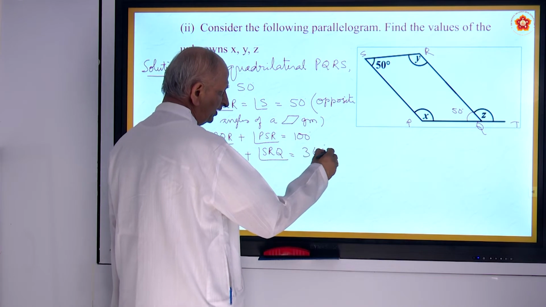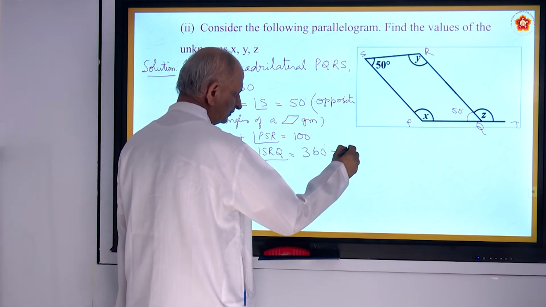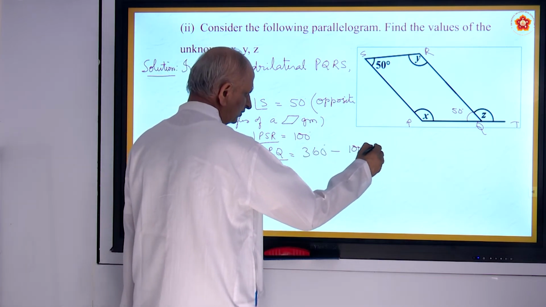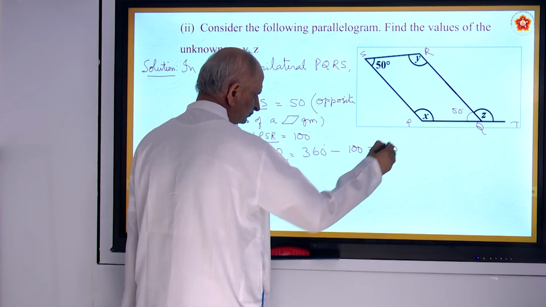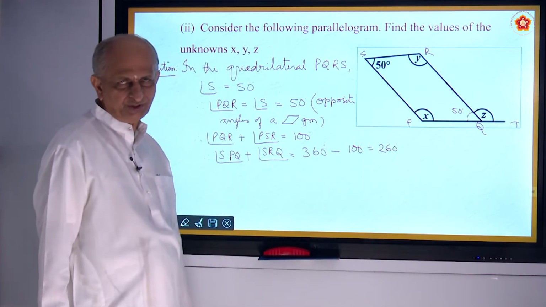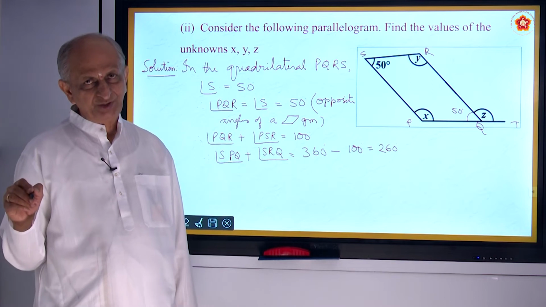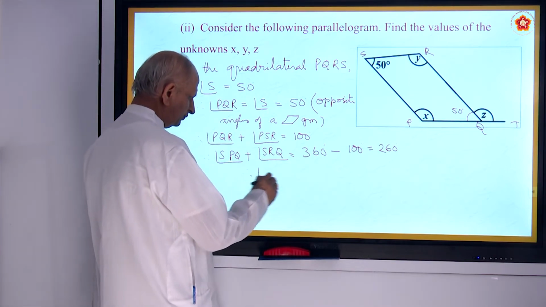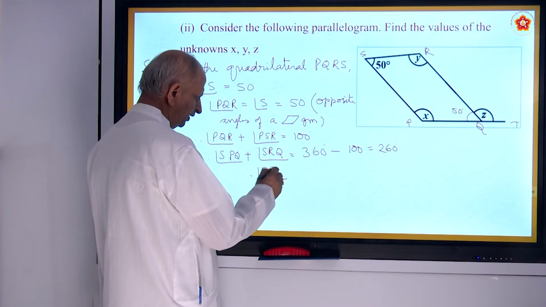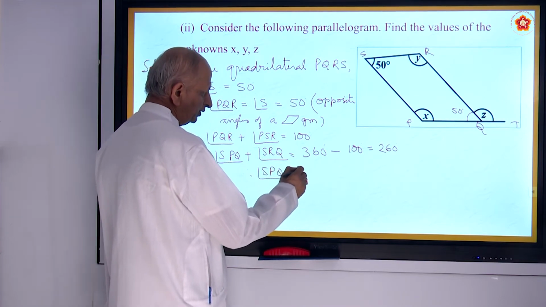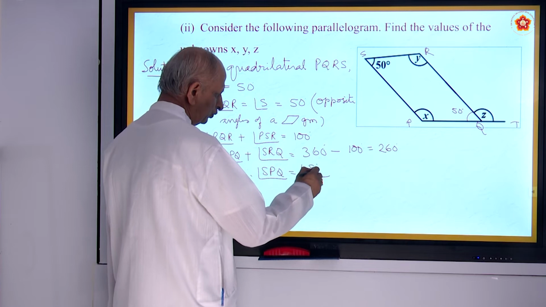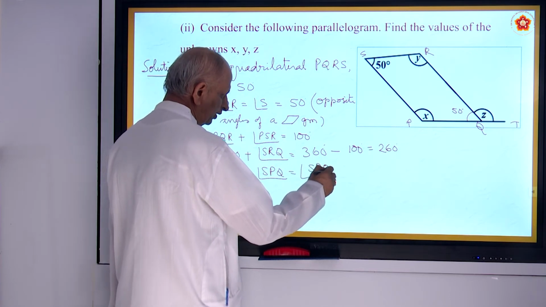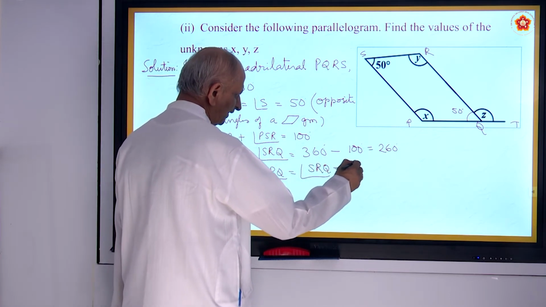From 360 subtract 100, that will be 260. So, the sum of these two is 260. If the sum is 260, what about each angle? Therefore, angle SPQ is equal to SRQ is equal to 260 by 2.